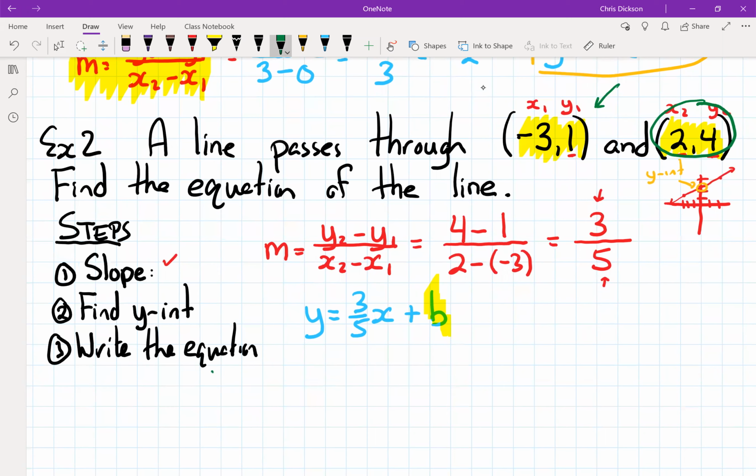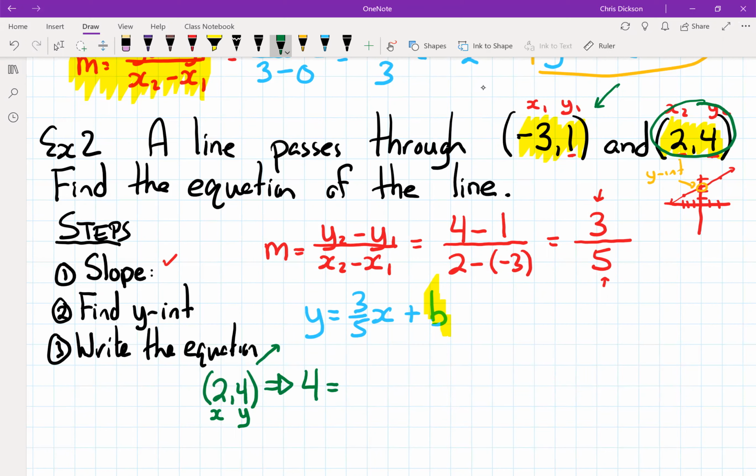So I'm going to, in brackets here, plug in 2, 4. And I'm going to plug it into the equation above. And what I mean by plug it in, I'm going to substitute the letters for those numbers. So remember, the first number is x, and the second number is y. So when I plug that number into that equation, my y value is going to become 4.